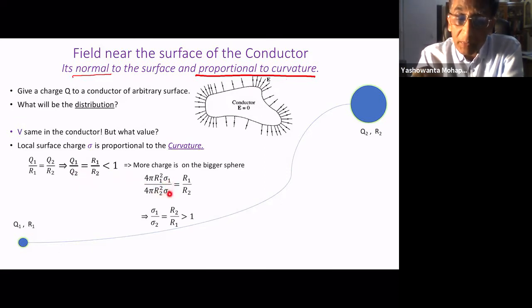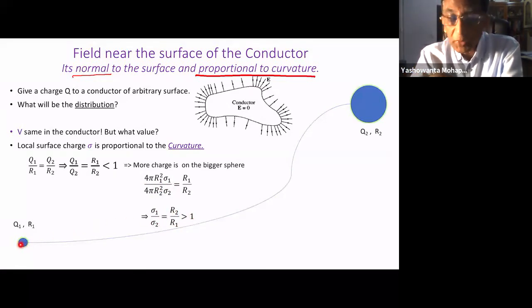Then sigma 1 by sigma 2 is R2 by R1, and R2 is greater. So sigma 1 is greater than sigma 2. So this has less charge, but it has more surface charge density. Why? Because R1 is smaller, meaning the curvature is larger.